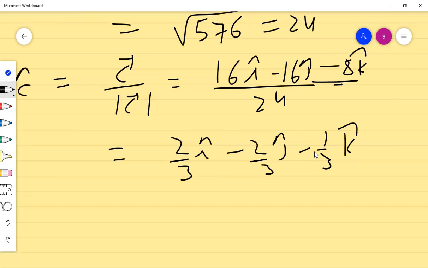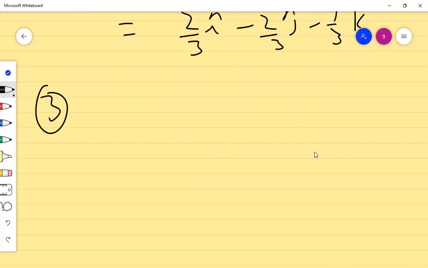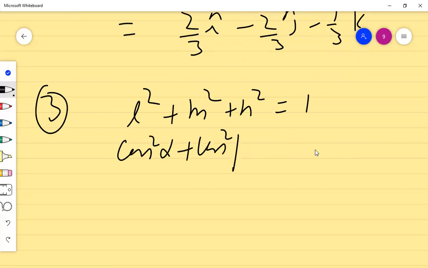Then find theta and hence the components of A. So if unit vector A makes angles pi by 3 with i, pi by 4 with j, and theta with k, we have the relation l square plus m square plus n square equals 1, where l, m, n are direction cosines.